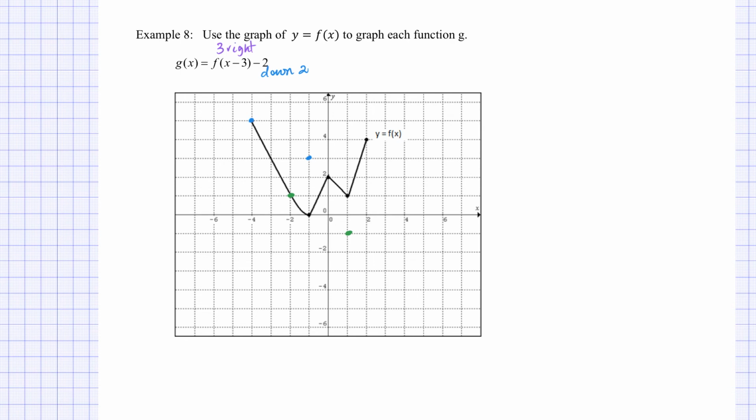This point is going to go 3 to the right and down 2. 1, 2, 3, and down 2, right here. So let's start sketching this together. It's going to look like this so far, right? Now, this point is going to go 3 to the right. 1, 2, 3, and down 2. It's going to end up right there.